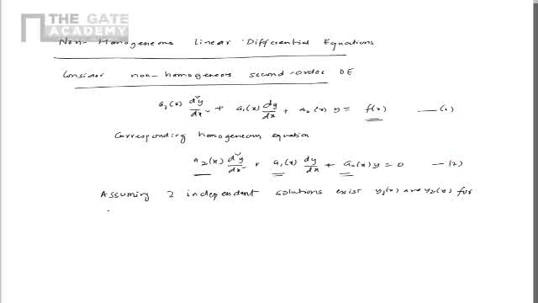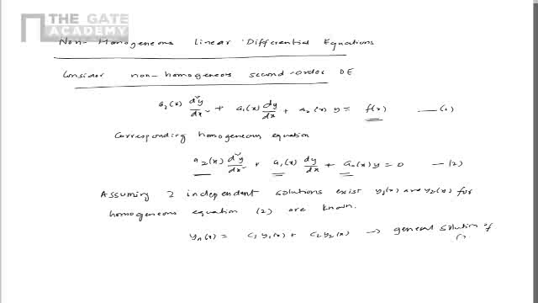Assume that you have found the two independent solutions for homogeneous equation 2, and they are known. The general solution will be c1 y1(x) plus c2 y2(x) of equation 2. This is by theorem 1, which we have seen.